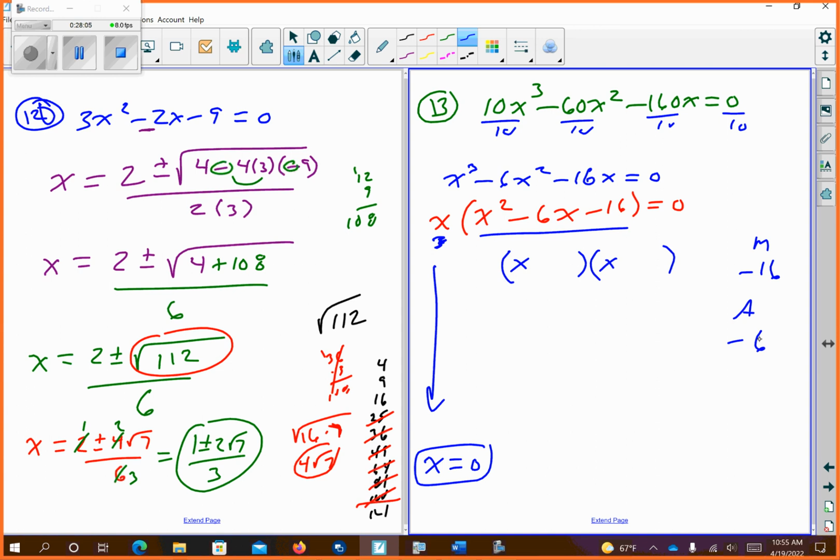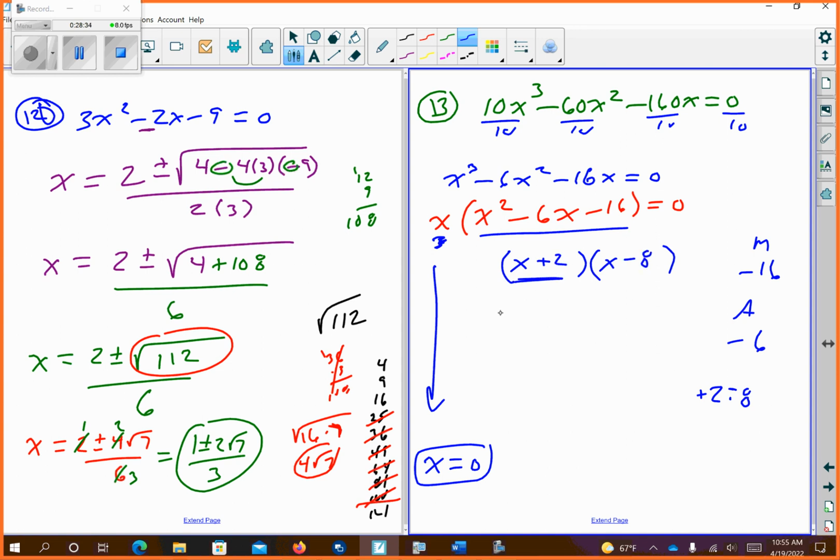What 2 factors of 16 are 6 apart from each other? 2 and 8. All right, 2 and 8. Which one has to be negative to add together to get to negative 6? 8. All right, so x plus 2, x minus 8.